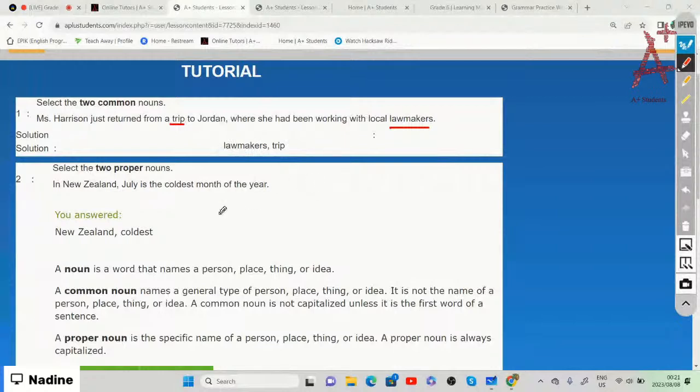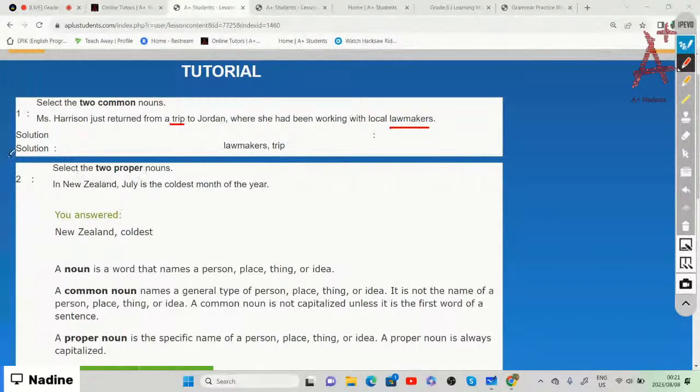We need to now select two proper nouns within a sentence. "In New Zealand, July is the coldest month of the year." So we need to select the two proper nouns.